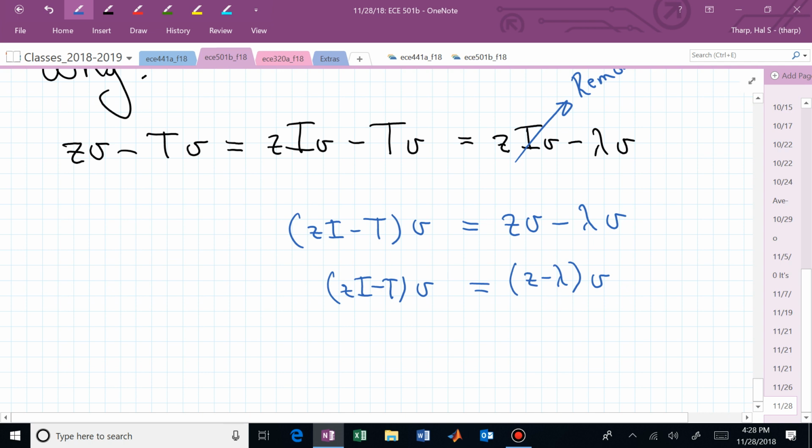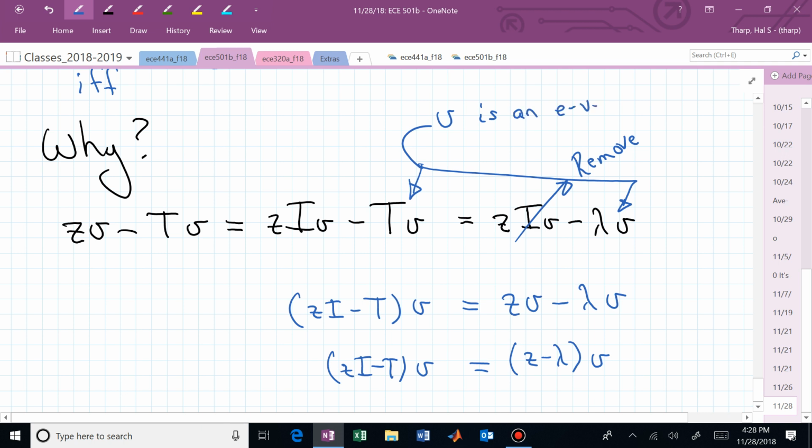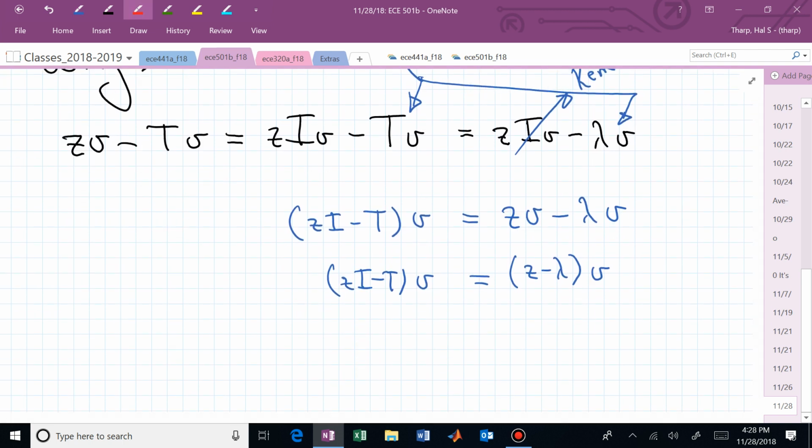And I think that you can see, well, here I'm using the assumption that v is an eigenvector of T, and this piece really is just saying that that's my general notation or structure of an eigenvalue-eigenvector equation.